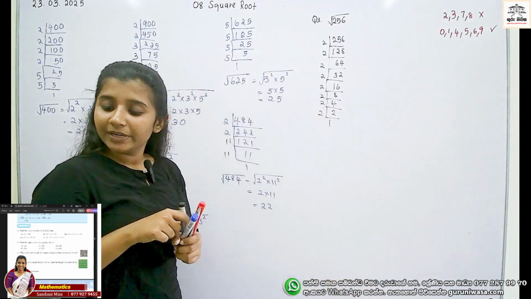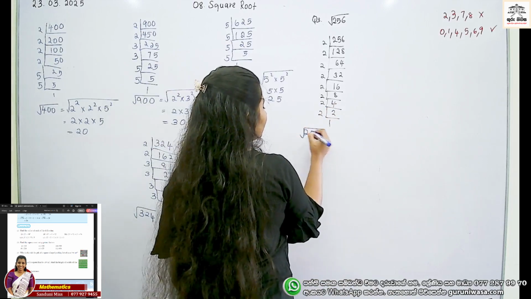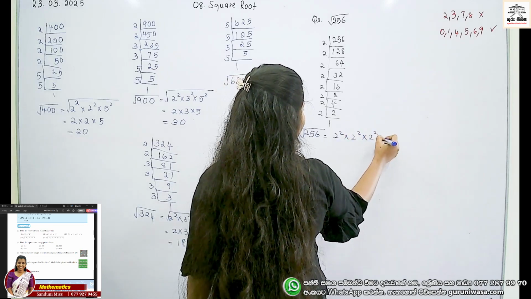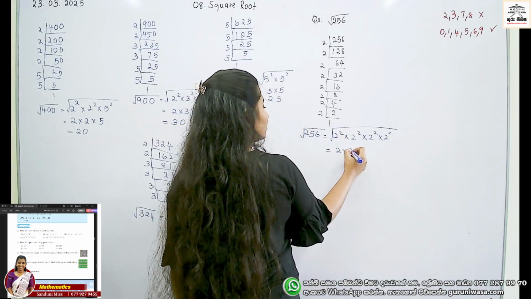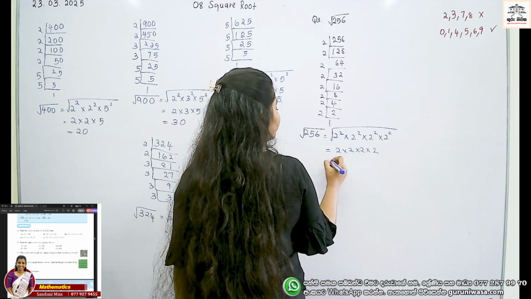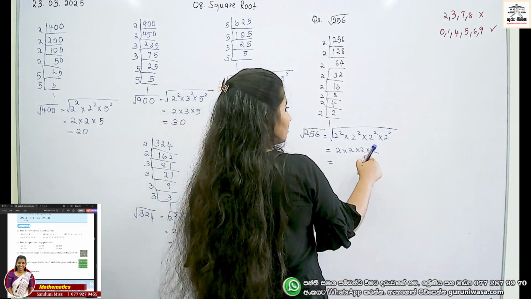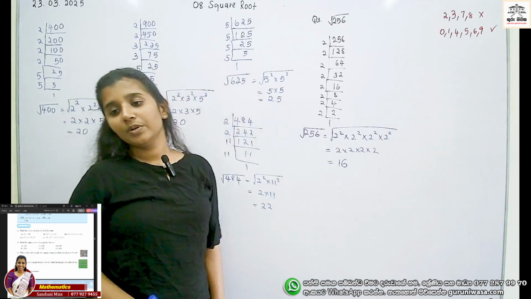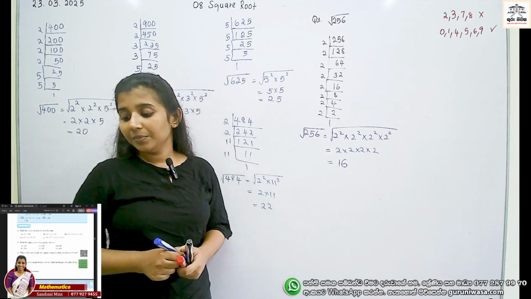We have so many 2's, right? So we'll write 256 is equal to 2 square times 2 square times 2 square times 2 square, which is equal to 2 times 2 times 2 times 2, 16, right? 2 times 2, 4, 4 times 2, 8, 8 times 2, 16. 16 squared is equal to 256. So one side is equal to 16 meters.